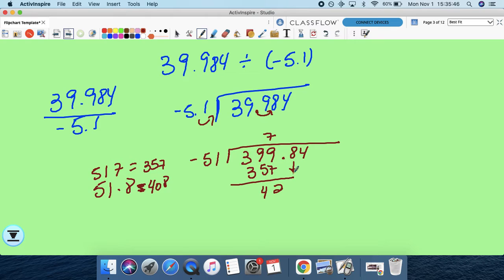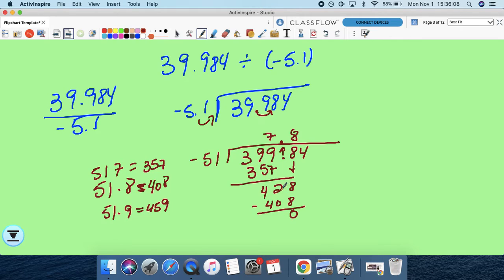I'm going to bring the 8 down. Again, don't forget to put that decimal up here. 51 goes into 428. Well, it's going to be 8 times, but let me try 9 just to see what happens. 9 times 1 is 9. 9 times 5 is 45. It's too much. So I'm going to use 8. So that's 408. Let's subtract.